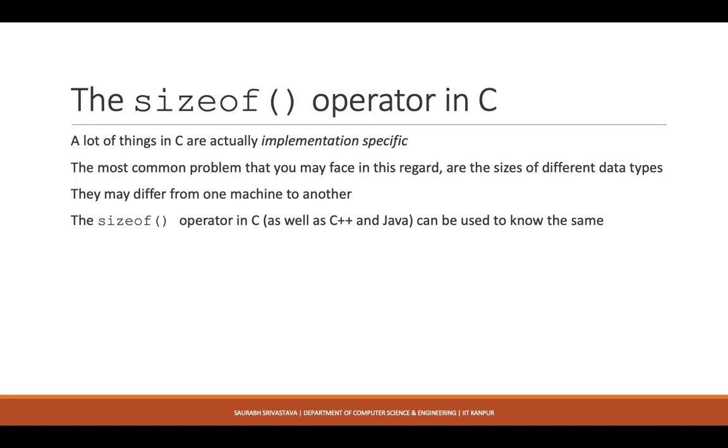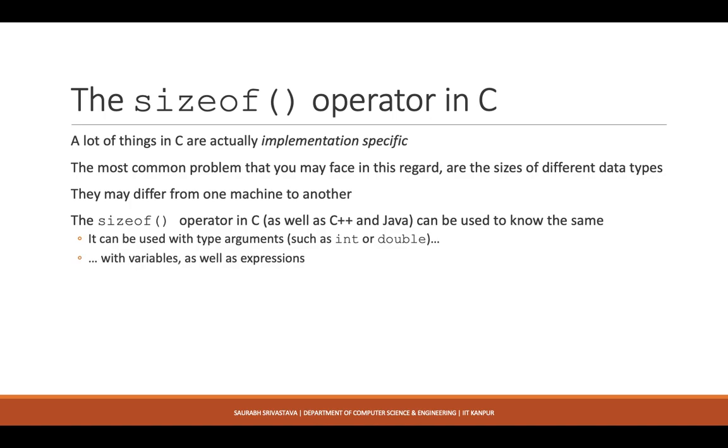This operator can be used with type arguments such as int or double. You can give it a type as argument, sizeof int, sizeof double, something like this, and it will tell you exactly how much space it takes on your machine. You can use it with different types of variables. With a variable, it just gives you the same value as the type of that variable.